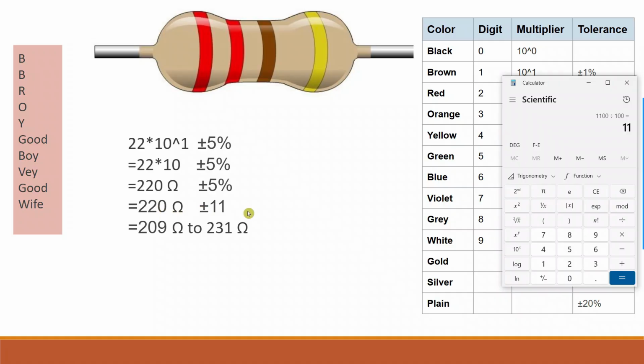So that is the meaning of tolerance. After subtraction and addition we are getting 209 ohm to 231 ohm for this resistor. So we can use any value in between 209 ohm to 231 ohm if you don't get the exact value in the market, if it's not available in the market.